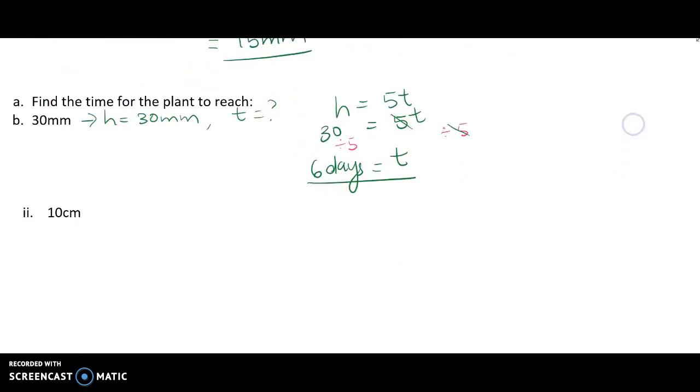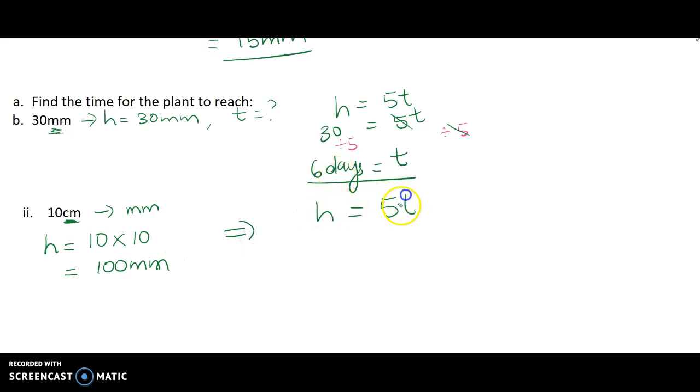What if it reaches 10 centimeters? Now, what's the trick over here? Yeah, it's the unit. Because height is given in millimeters, we first need to convert this to millimeters. So 10 centimeters is equal to how many millimeters? 10 times 10, which is equal to 100 millimeters. And then do the same thing. Height is equal to 5t, so 100 is equal to 5t.